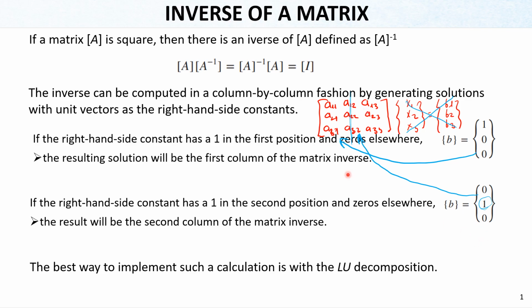And the best way of having this implementation is actually LU decomposition, and we will show this in an example, and then you will understand how this inverse can be obtained using the LU decomposition.